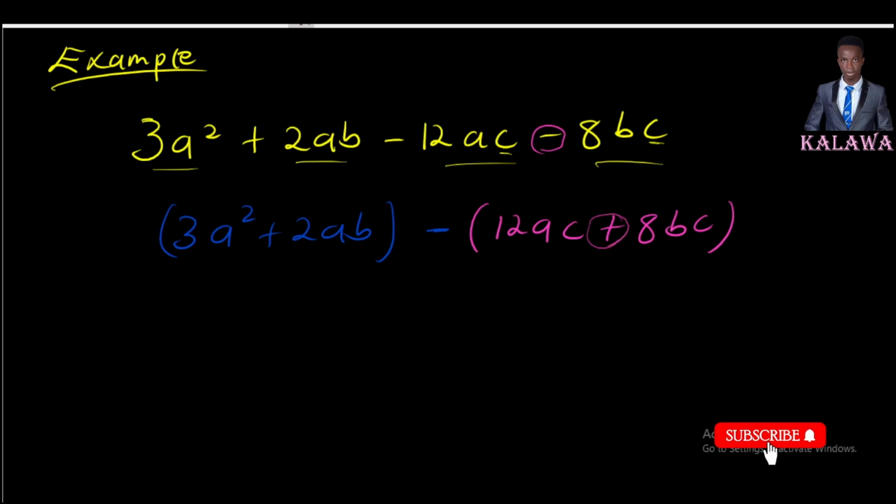Now, in the method of grouping, we always take note of the signs. Remember, factorization is all about doing the inverse. They know this is the answer, but they want to see how this answer is made up. So that's what factorization is saying. We change the sign because when we multiply this sign into another sign, that sign must give us the sign that is in the original question.